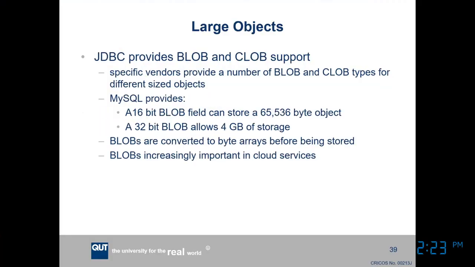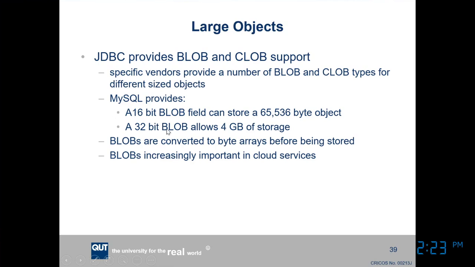So blobs and clobs. The JDBC provides support for these. Now, blob and clob support tends to be a bit database server specific. But in things like MySQL and MariaDB, a basic blob is 16-bit size, so 65,000 bytes.